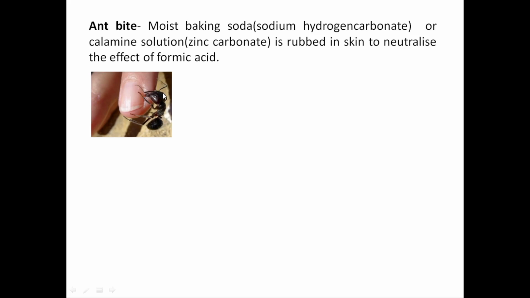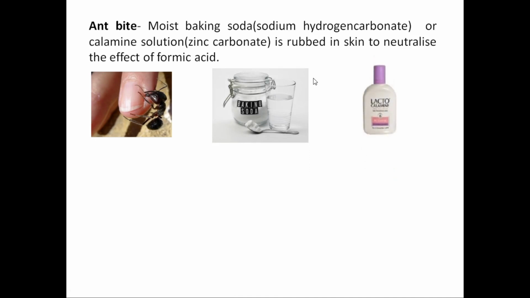For getting relief from this pain, what will you do? You can put moist baking soda on your skin. Baking soda's chemical name is sodium hydrogen carbonate. Or you can apply calamine solution, which contains zinc carbonate.